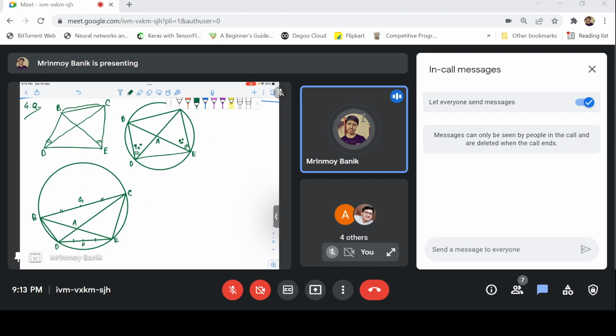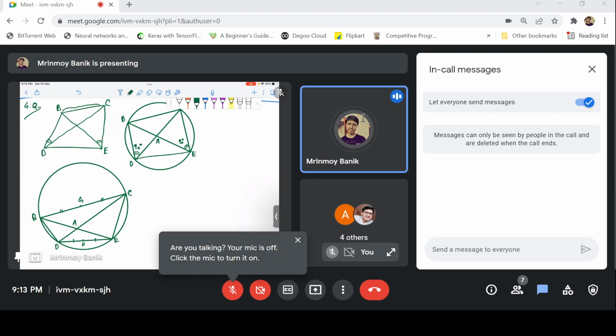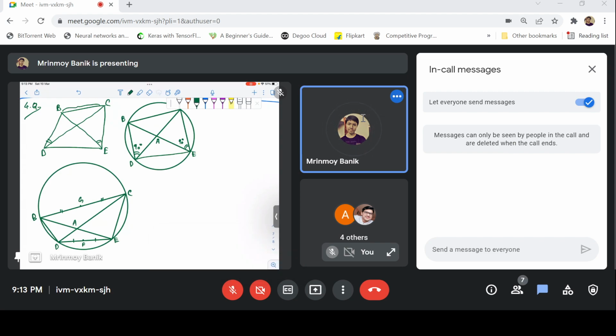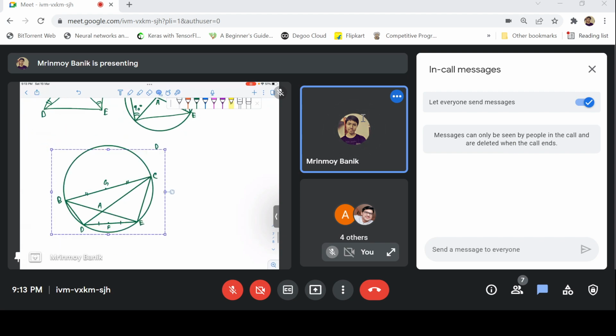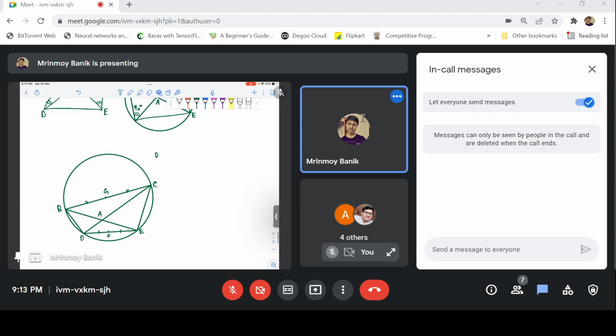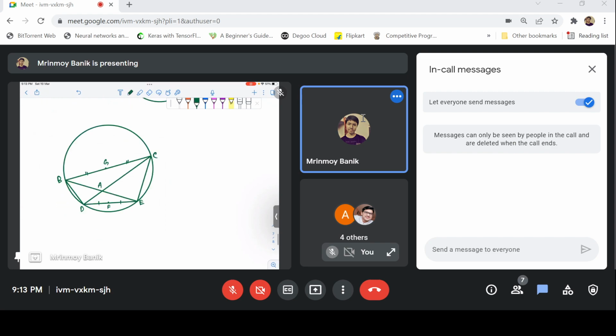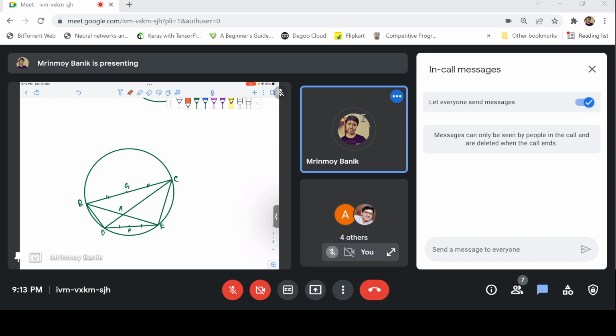O is the circumcenter of triangle BAC. So BAC. How on earth will I draw that circle? Let me try to draw that circle.